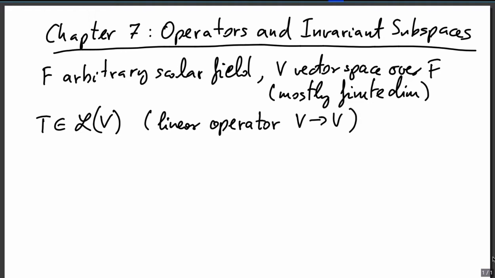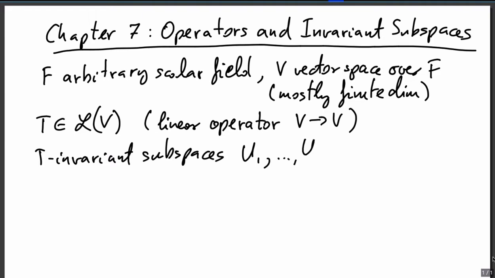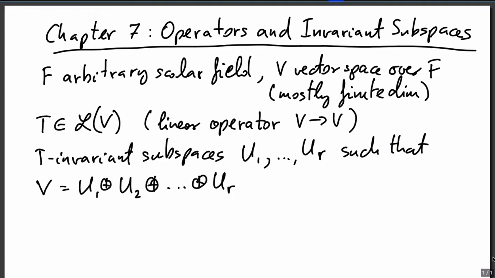And the main topic is to find T-invariant subspaces U1, ..., UR, such that we can reconstruct the space V as a direct sum of these T-invariant subspaces. So I would like to remind you of the direct sum notation.